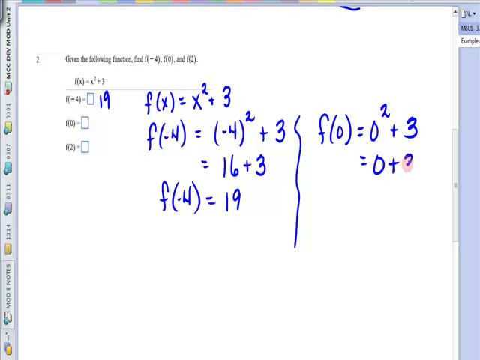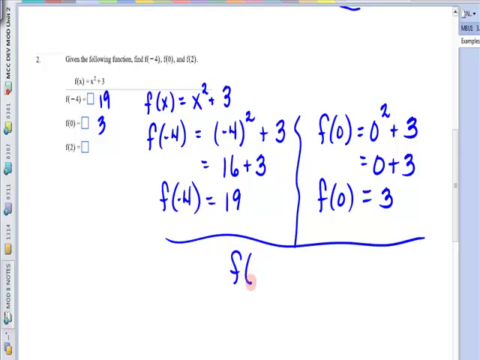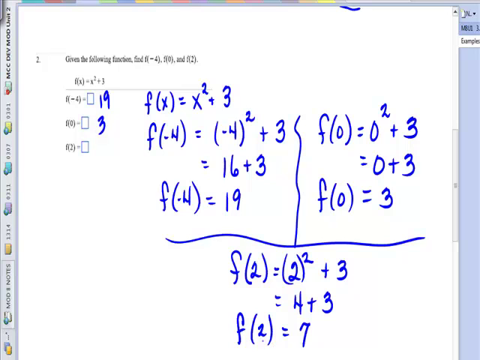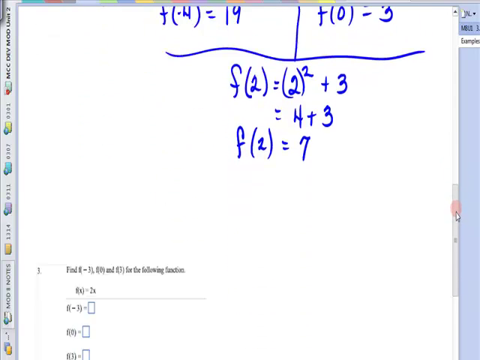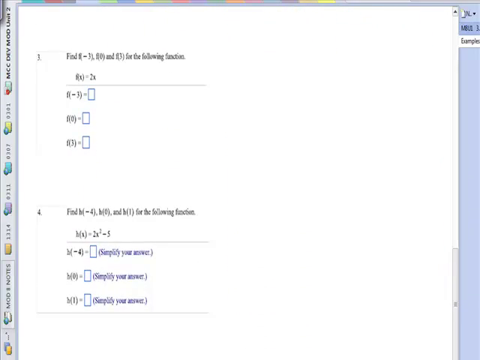That's 0 plus 3, which is 3. f of 0 is 3. Final one, what's f of 2? Well, it is 2 squared plus 3, which is 4 plus 3, or 7. f of 2 is 7. They give us some x values and ask us to plug them into the function notation. Let's do a few others.